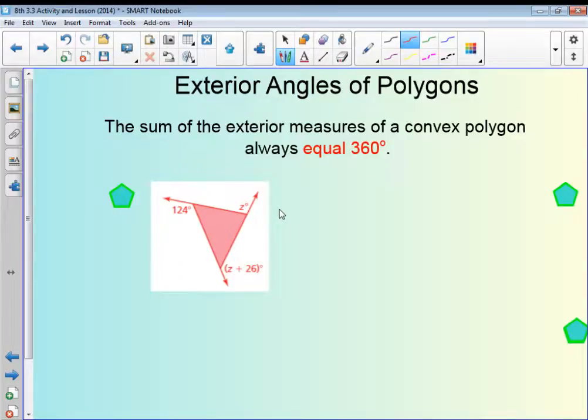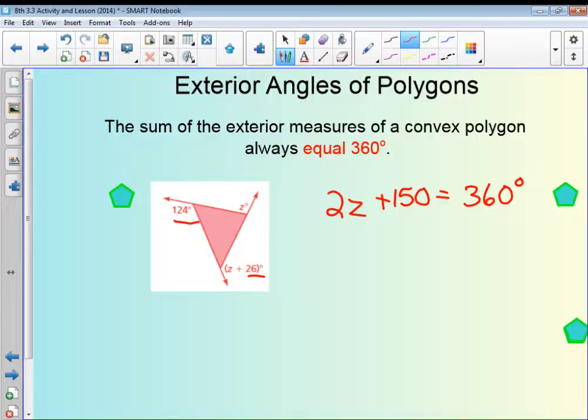I see two Z's, and then I also see a 26 and a 124. So if I put those together, sum them, it gives me 150. So plus 150 equals exterior measures of polygons, 360. No matter how many sides are on the polygon.